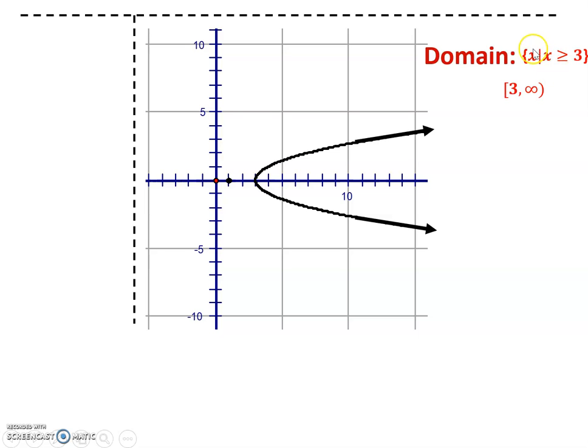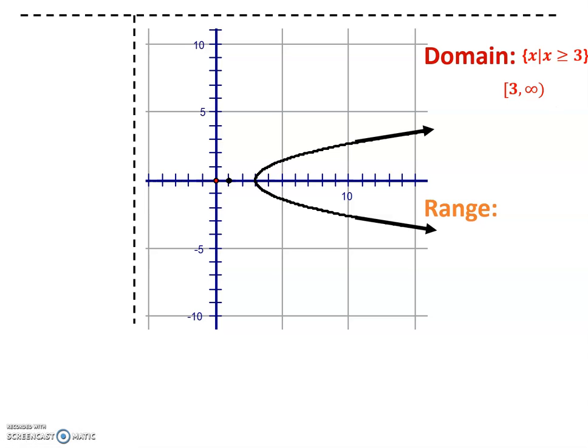And that's set notation. And then interval notation is the smallest value is 3, the largest one is infinity. We need a square bracket here because it's "or equal to." 3 counts in the domain. Infinity is the largest number that the x values will get to. We always use parentheses with infinity.